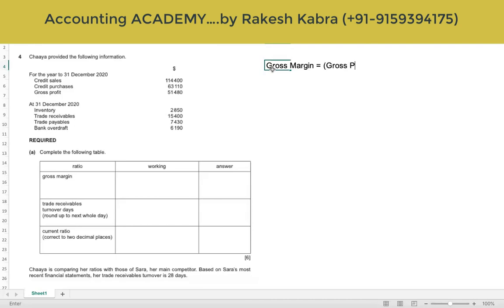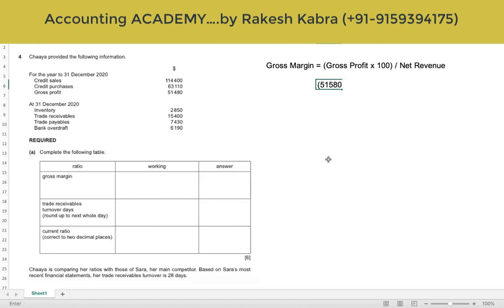Gross profit multiplied by 100 and divided by net revenue. Gross margin means a percentage of gross profit to net sales or net revenue. So in this question, what is the amount of gross profit?